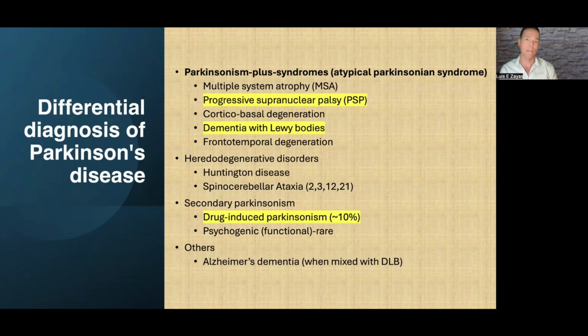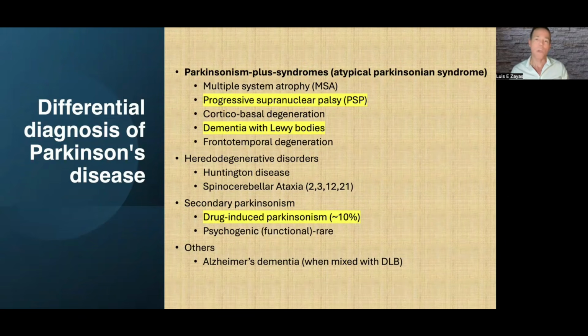Okay, so the symptoms are more severe and it's a faster progression. So you see those patients having significant gait dysfunction during the first 3 years that you don't see with Parkinson's disease. Or at least very unlikely to see that with Parkinson's disease.